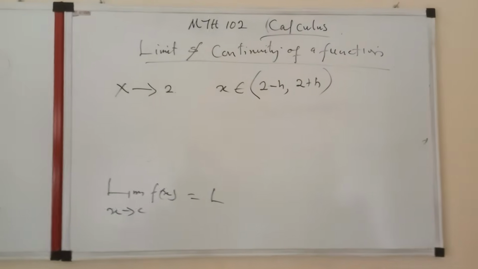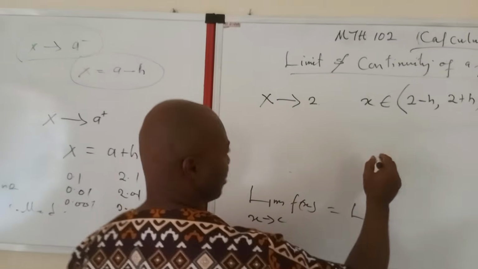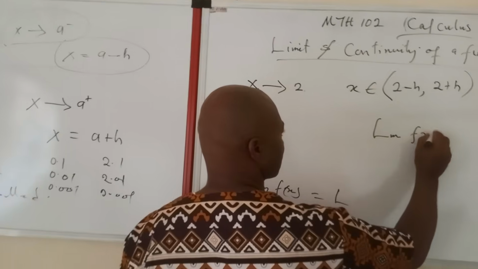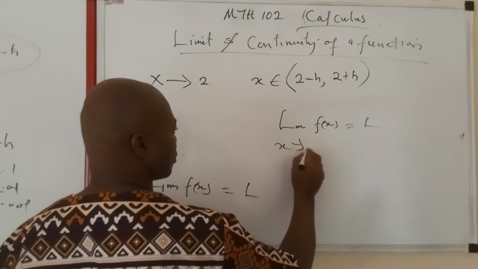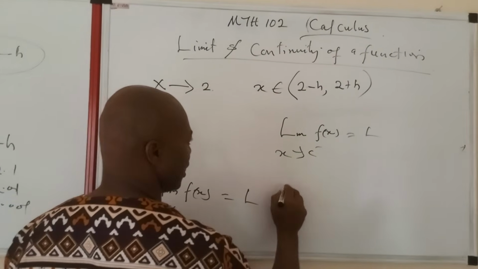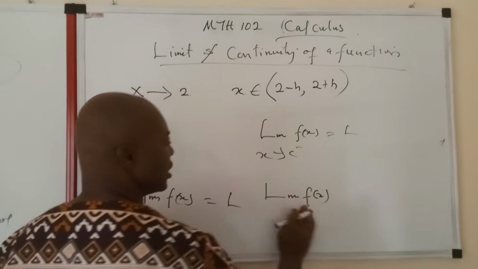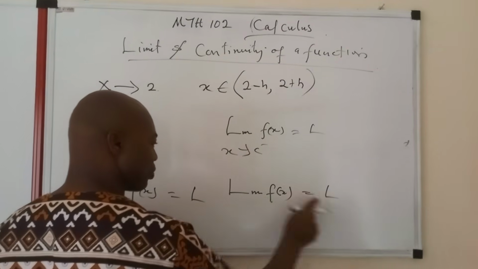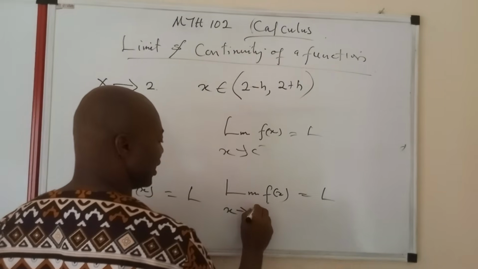But based on the earlier definition that I've given, this we can also write as the limit of a function is a number L as x approaches c from the left, or you say the limit of a function is a number, say L, that f of x approaches as x also approaches c from the right.